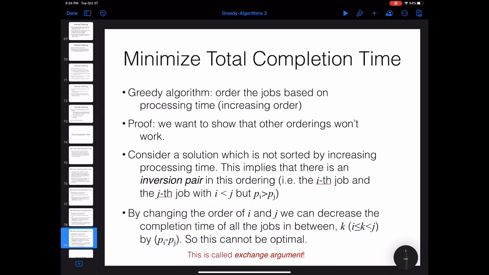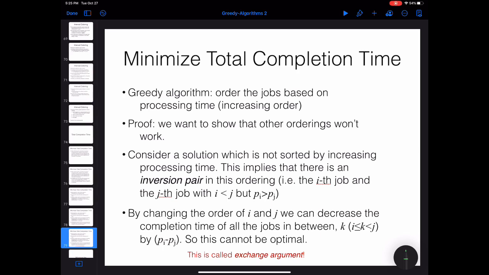We take whatever the greedy solution gives us and compare it to the optimal solution, and show that by doing some exchange, either you get a better answer, which shows that the supposed optimal answer is not optimal, a contradiction, or in some cases you show that by changing the optimal answer to make it more like the greedy, you are not making it worse.